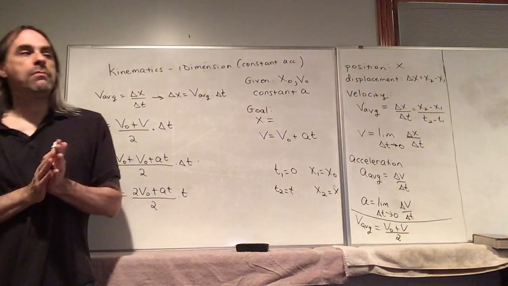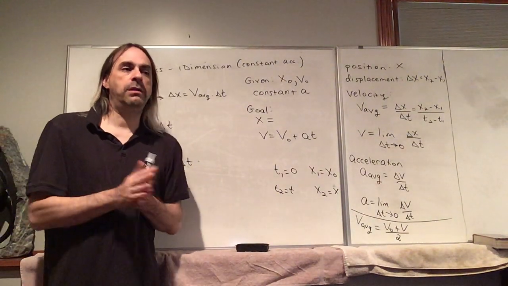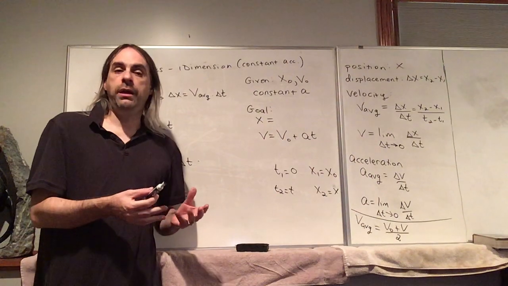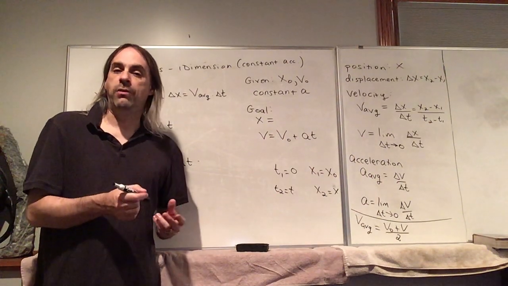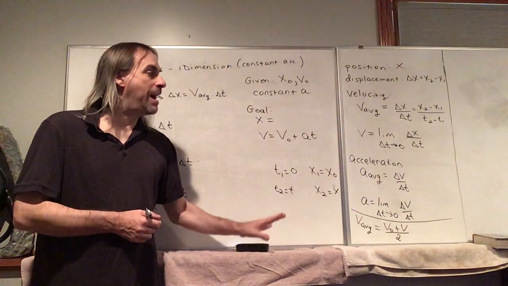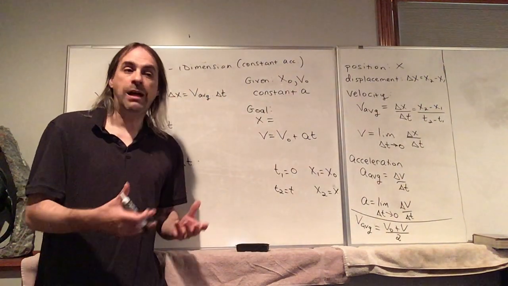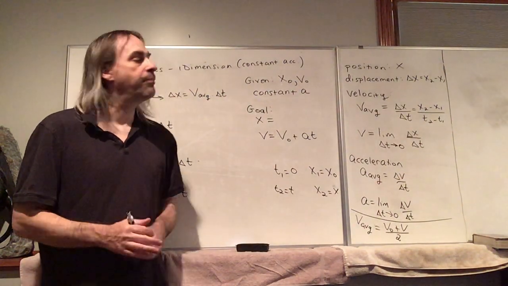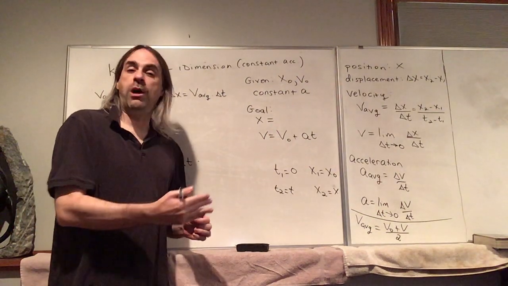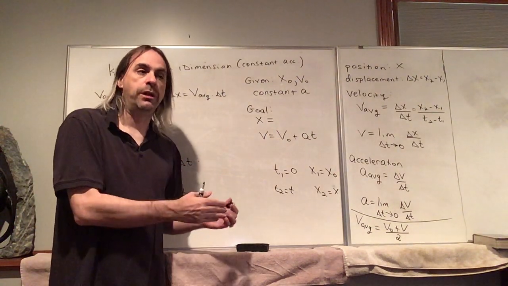Now, I should point out that what we're doing is we're deriving these equations. This whole chapter is about kinematics, constant acceleration, one dimension. Basically, every question is going to involve what we're doing here.